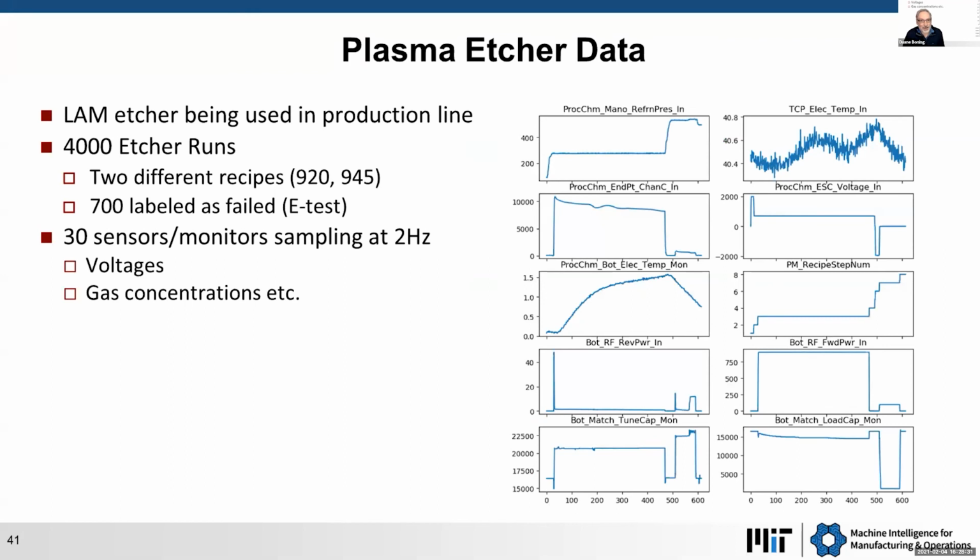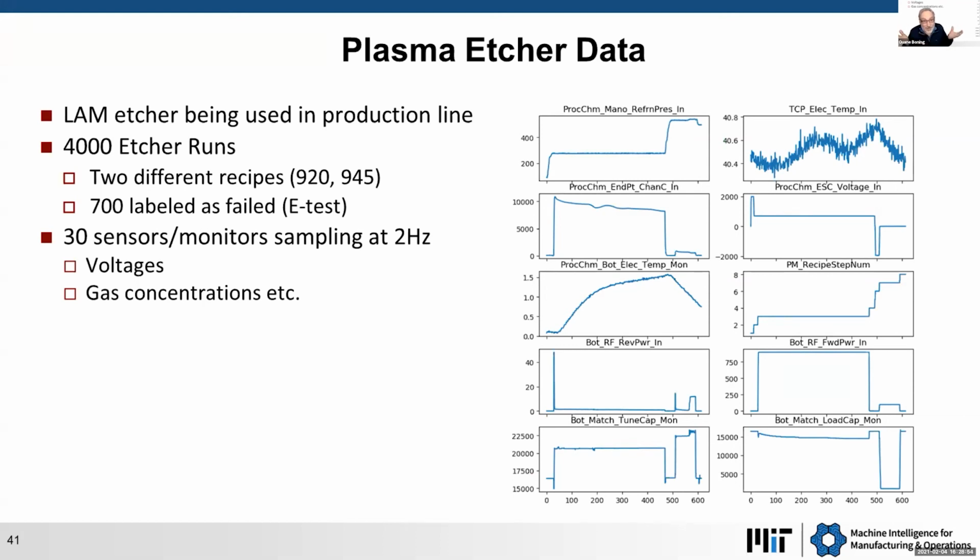The plasma etcher data, we've already seen two of the different kinds of sensor signals. Here I'm just showing more of the sensor signals for a typical cycle for one of these runs. And in this case, we actually used all 30 sensors. We didn't try to pre-screen to figure out which sensors actually matter or not.